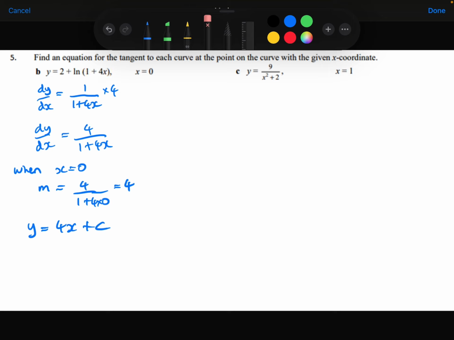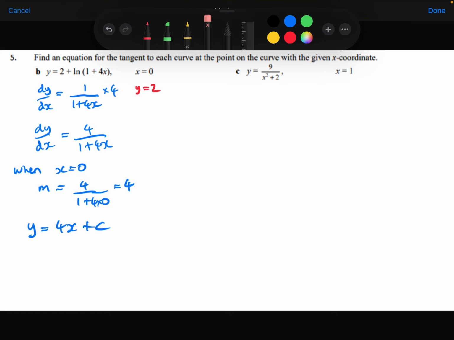Now I need to know a coordinate to substitute in here to work out what my c is. Now I know that the x coordinate is 0 here, so if I substitute 0 into my y function, I find that y is equal to 2 plus ln 1, which is just 2.